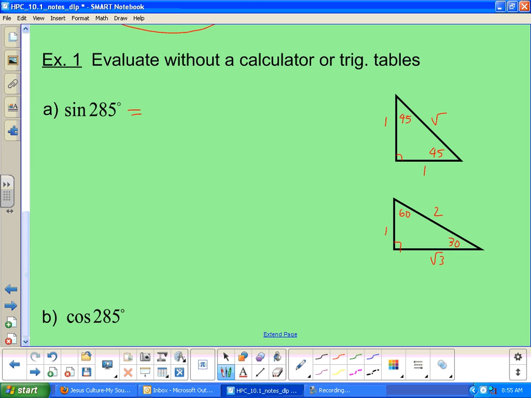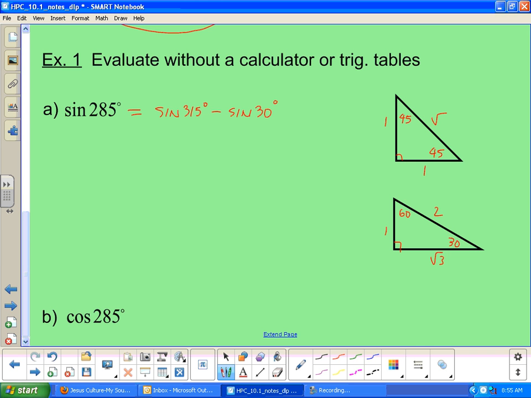Well, some ways to come up with 285. I can do the sine of 315 minus 30. 315 minus 30 would produce this sine of 285. So you could say sine of 315 minus 30 degrees.